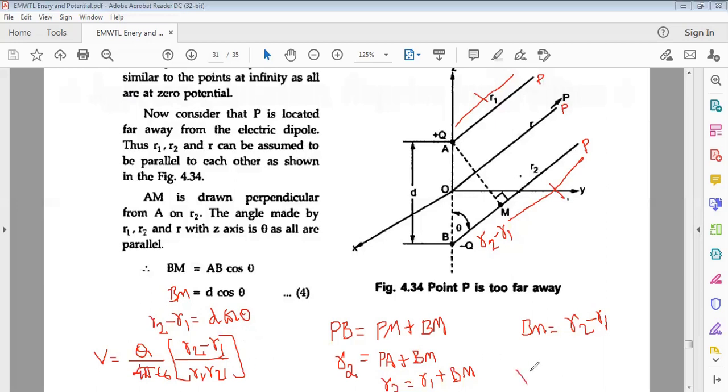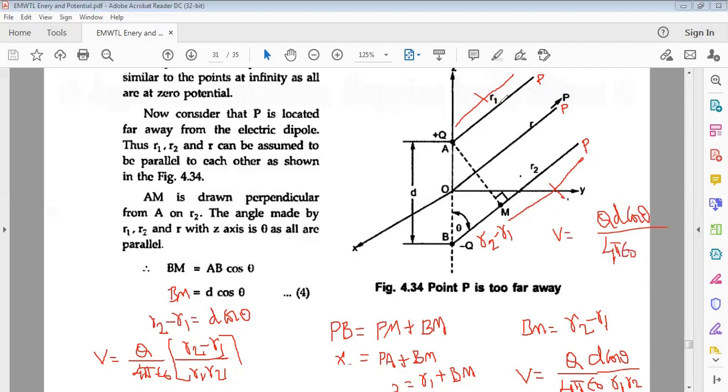Substituting, the potential V is equal to Q by 4 pi epsilon naught, numerator d cos theta, denominator R1 R2. So approximately V is equal to Q d cos theta by 4 pi epsilon naught.